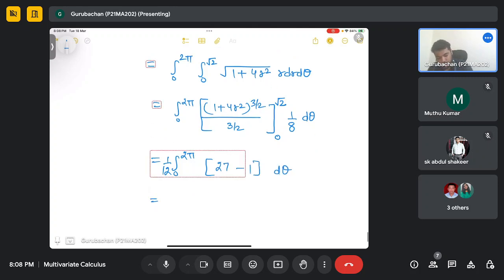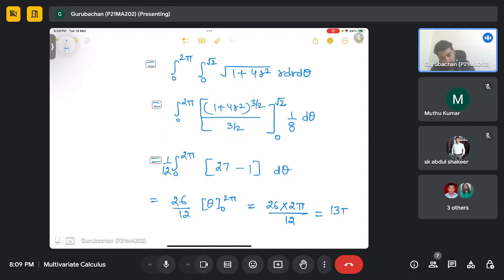This will give you 26 divided by 12. Theta will go from 0 to 2 pi, which will give you 26 into 2 pi divided by 12. So this will cancel out to 13 pi by 6, I think.